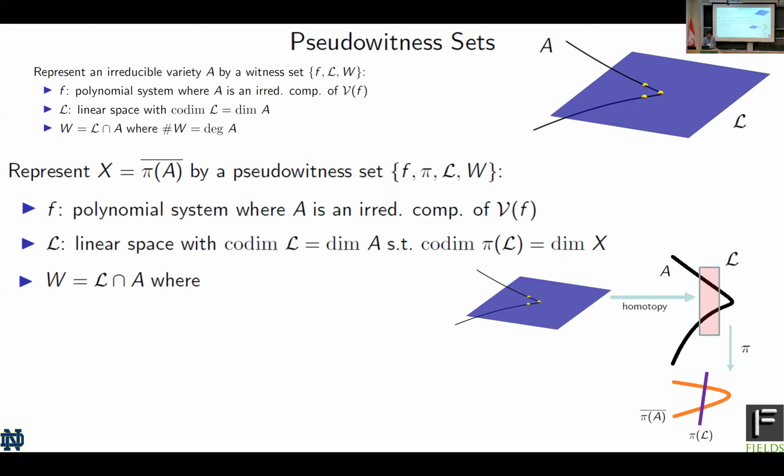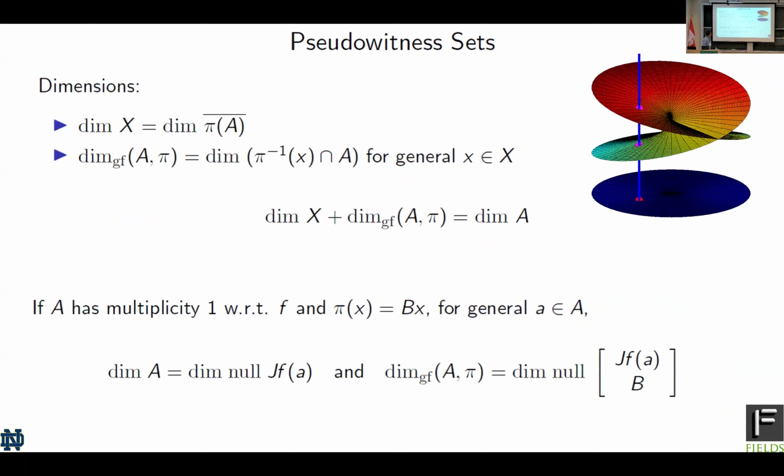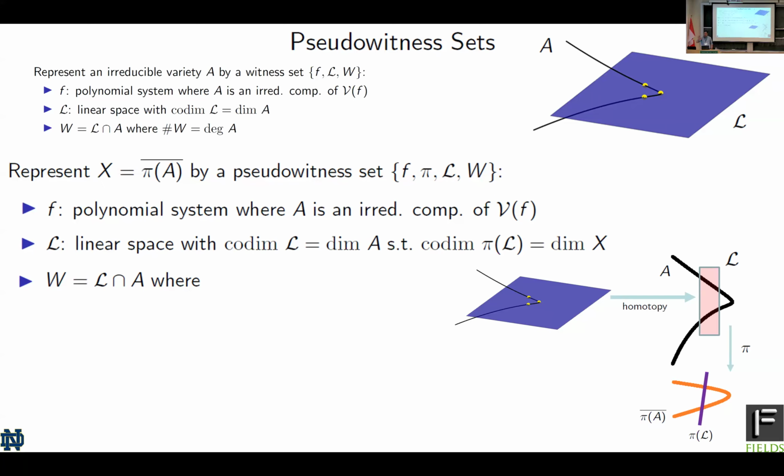If it's a polynomial map, just add new variables. Yeah, exactly. So every map that you see, every pi is linear, and I make it that way. Everything is linear, and so I can line up in that linear space.